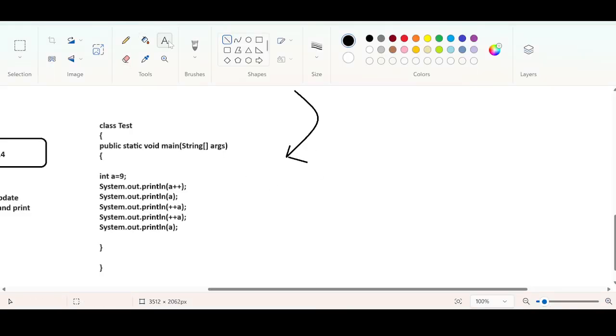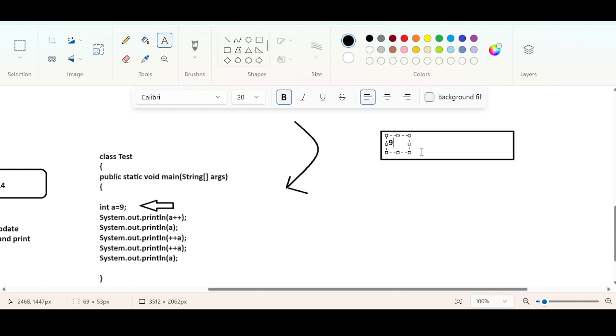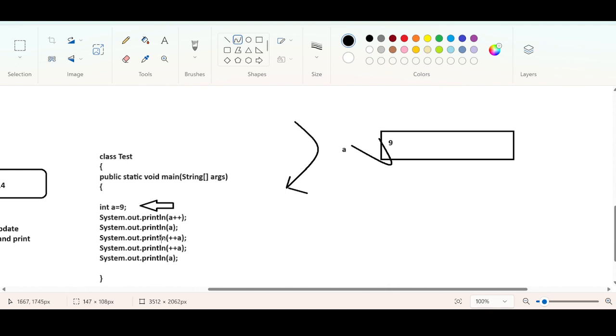Main thread gets access to the main method. All instructions in the main method get executed. The value 9 has been assigned to the variable a. Now we will see the operations.